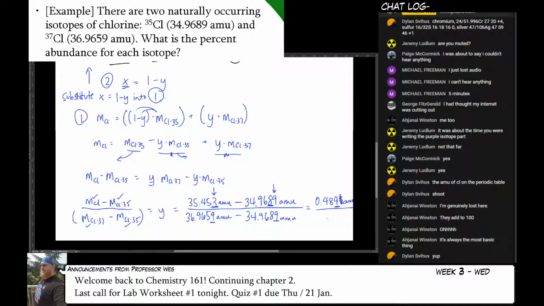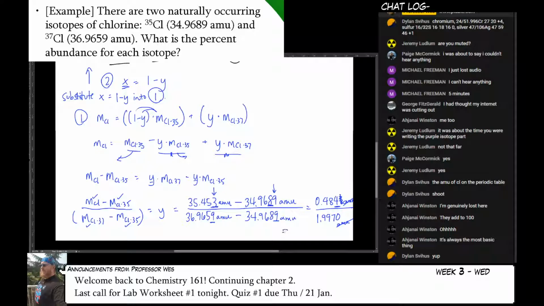On the bottom, 36.9659 minus 34.9689. And I got 1.9970 AMU. At this point, the AMUs cancel out because I have units divided by themselves.